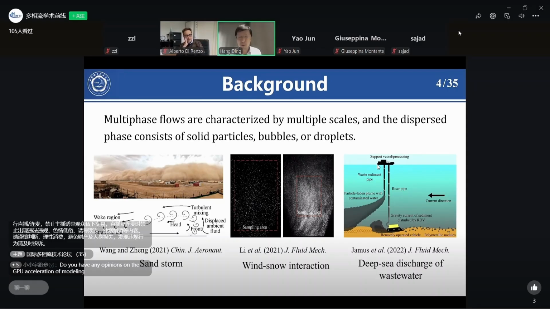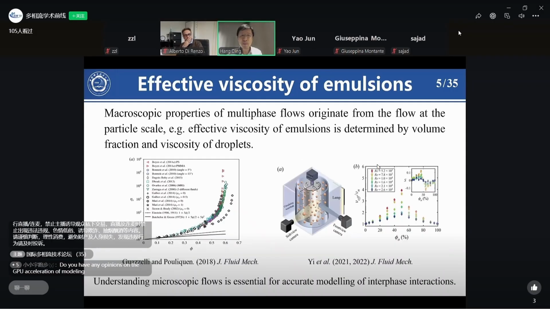I don't want to talk too much about this. Professor Montati showed that in industrial applications people would like to use single fluid formulations, like a two fluid model to do the simulations, that consider the dispersed phase flows like one fluid simulations.